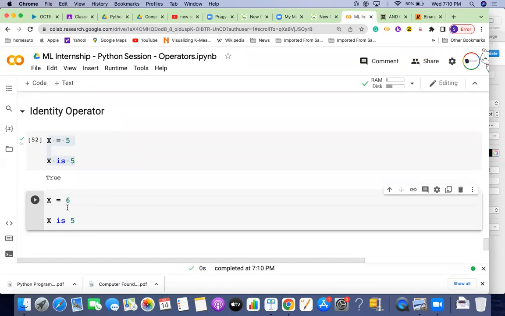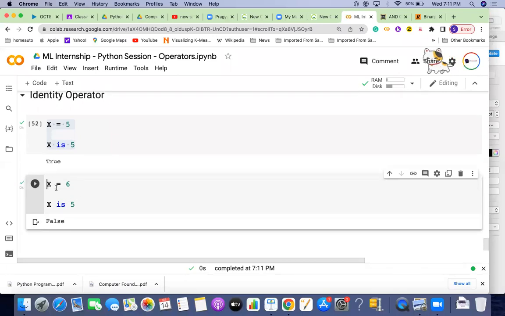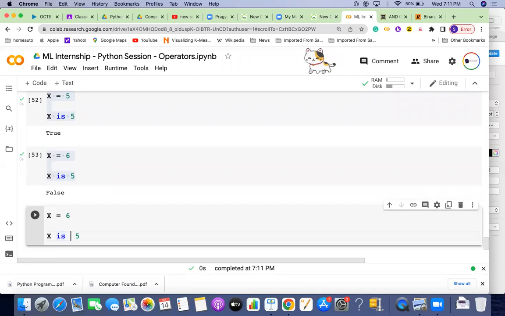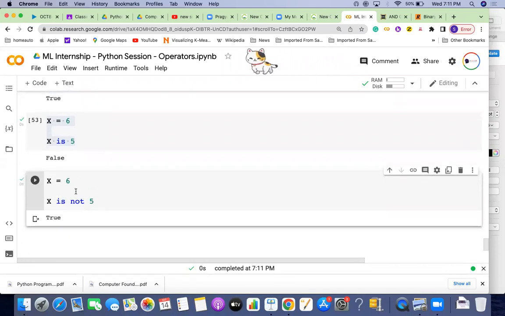I am trying to compare: is x 5? No, it is not, so it is false. Is it understood? 'Is not' will give the true result because it is not equal. So it is true. That is the identity operator.